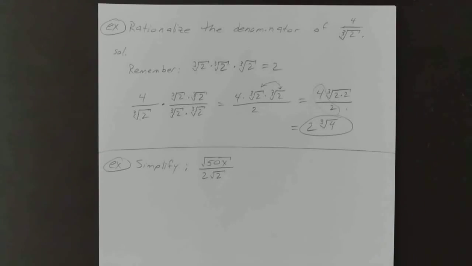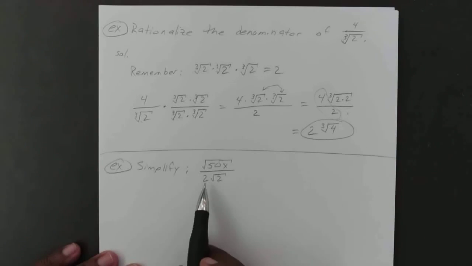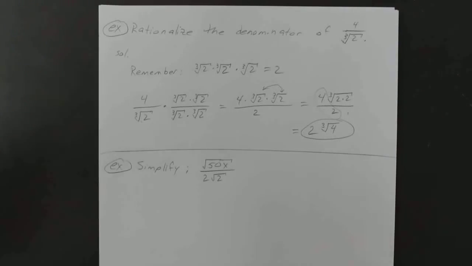And when they say simplify, they really just mean rationalize the denominator. Now with this one, there are a couple of ways you can do it, and probably the quickest little shortcut is to get anything that's not under a root symbol and factor it out.